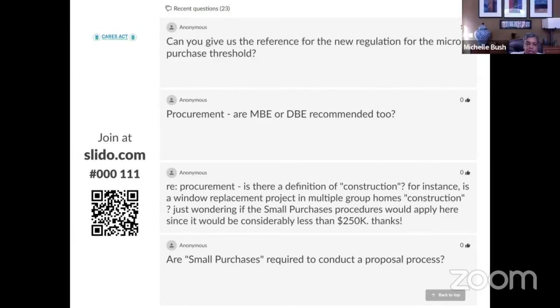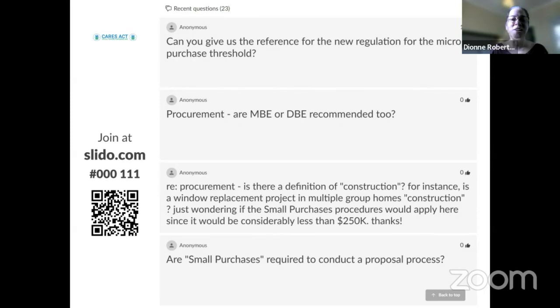Are MBE or DBE recommended too? Not sure what that means. Do you know what that means? No, I'm not sure. Well, I know what the acronyms stand for. And certainly when you're looking at your procurement process and maximizing competition, you're always going to consider minority, women, and disadvantaged business enterprises, as well as the Section 3 requirements that come into play and so many other considerations.